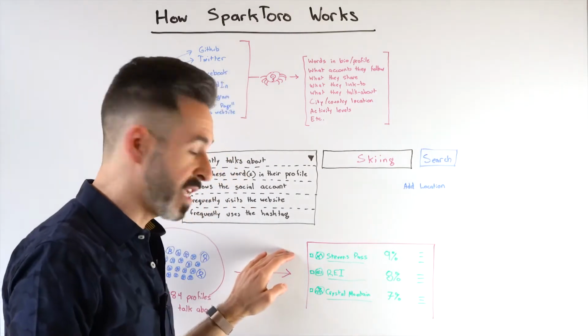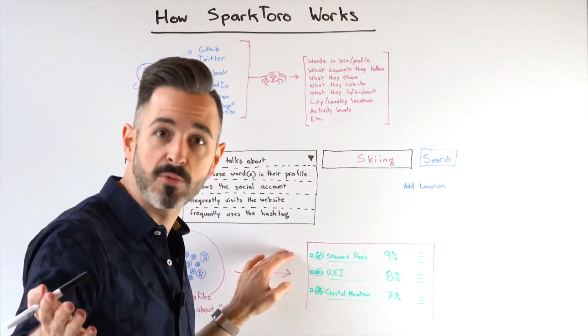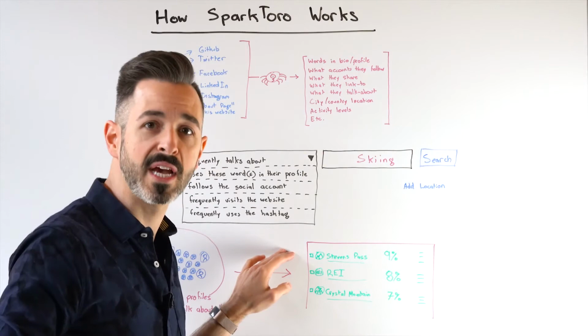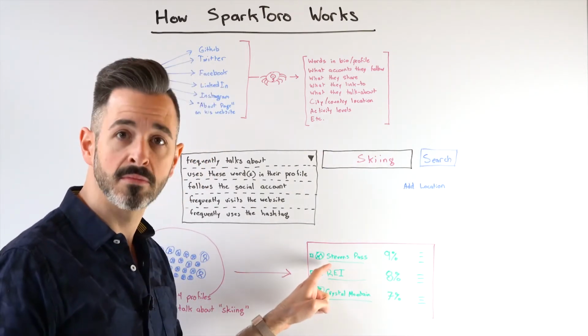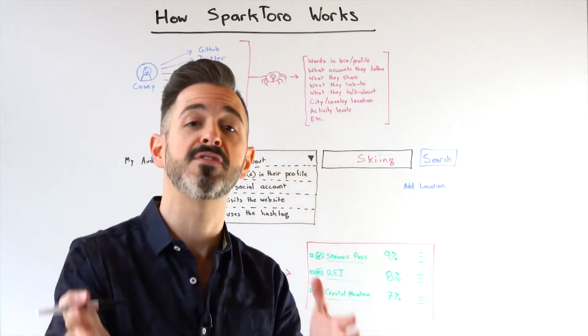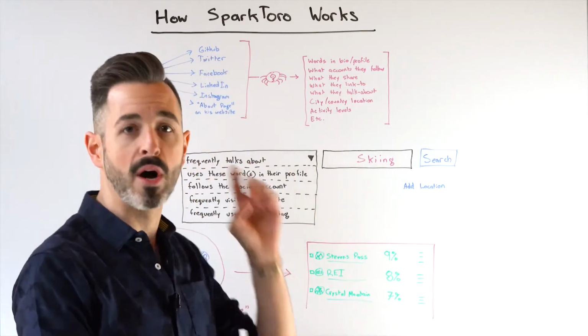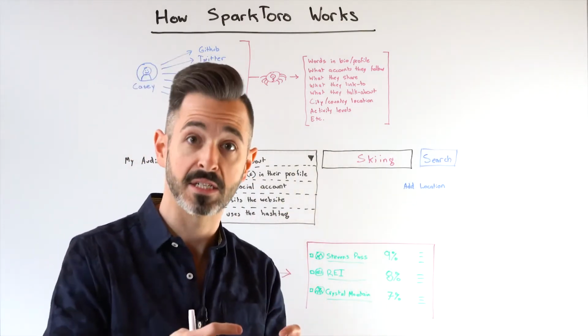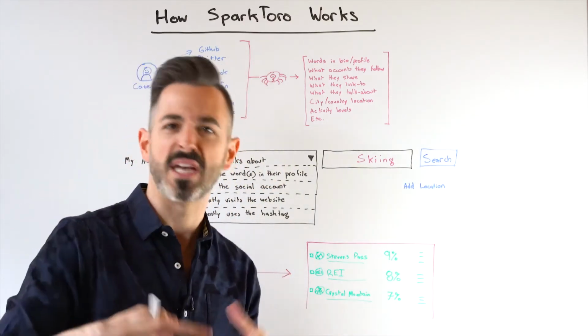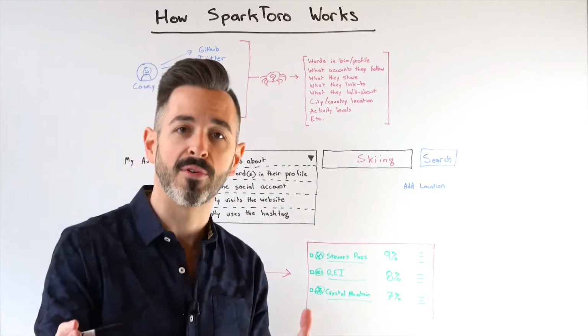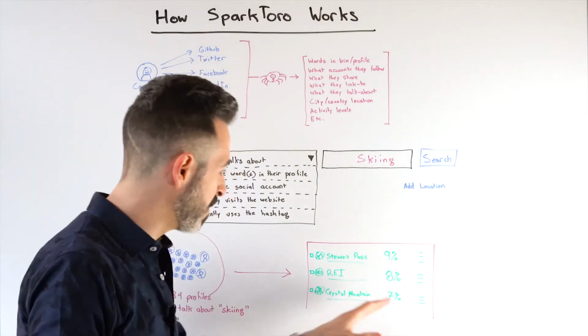So it says 9% of those 7,184 profiles in Washington State that talk about skiing follow Stevens Pass, right? They follow one of the Stevens Pass social accounts on one of their social profiles, at least, right, at minimum. 8% follow REI, the outdoor store that's based in Seattle, no surprise. Crystal Mountain, right, another skiing destination, 7% of those.